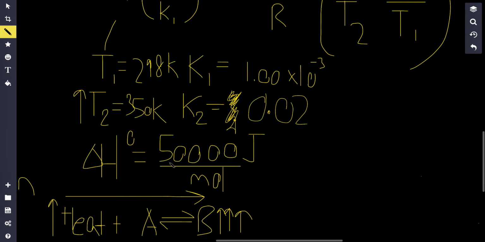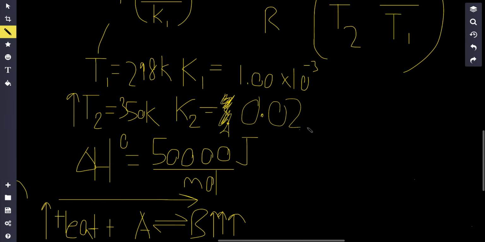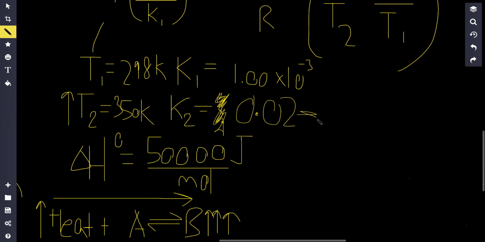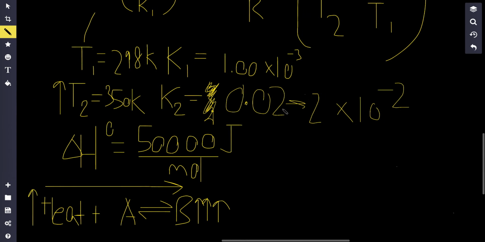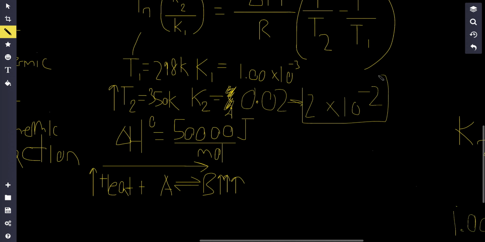Actually, no, this 50,000 only has 1 sig fig, so I'm fine. Anyways, this can be written as 2 times 10 to the negative 2 power. Now notice how once again the equilibrium constant has changed. So this confirms our idea that changing temperature changes the equilibrium constant.